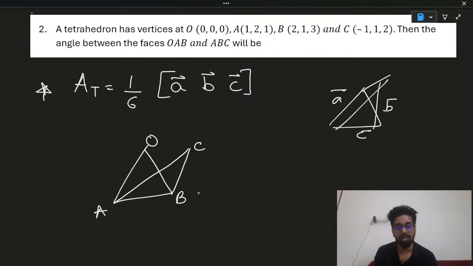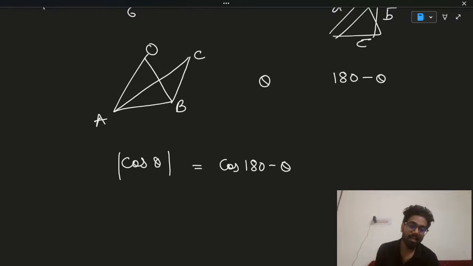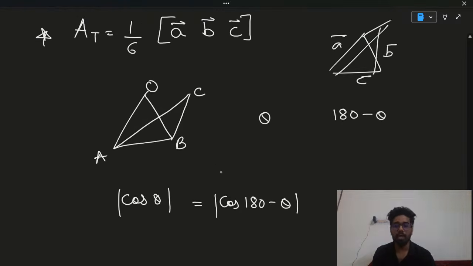The angle between 2 surfaces is the angle between their normals, not exactly, because if the angle between the surfaces is theta, then the angle between their normals is 180 minus theta. But we can directly say the cosine part: cos of theta, mod, is equal to cos of 180 minus theta. Right? So all you have to do is get the angle between their normals.